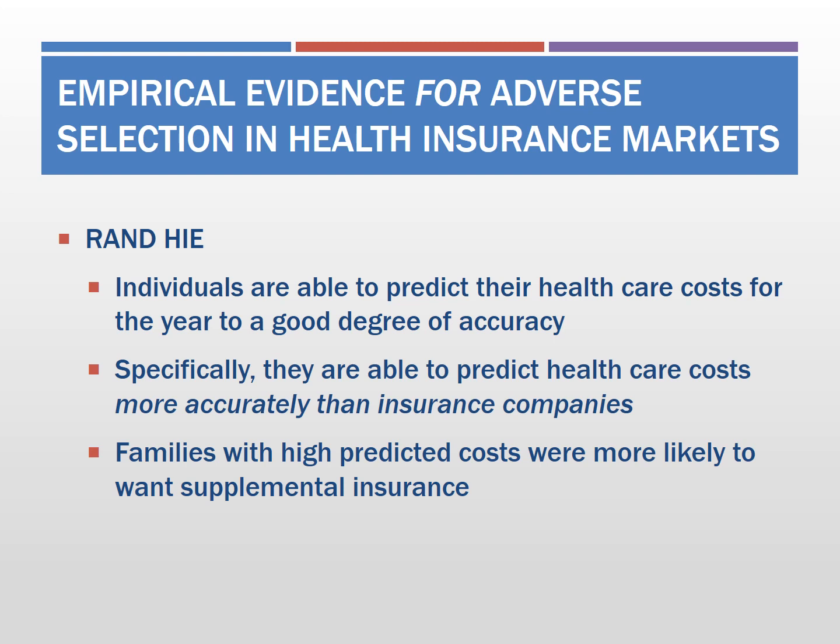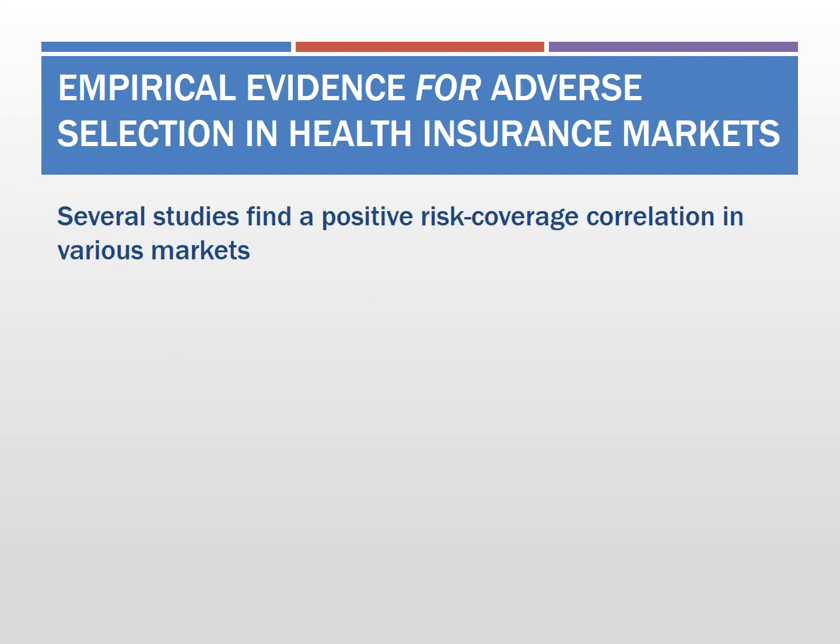In the data, families with high predicted costs were also more likely to want supplemental insurance. That means people who know that they will have to pay a lot of healthcare costs want to buy more insurance so that they are covered. So this suggests the risk and coverage correlation is positive, just like we predicted at the beginning of this chapter: higher risk, higher coverage.